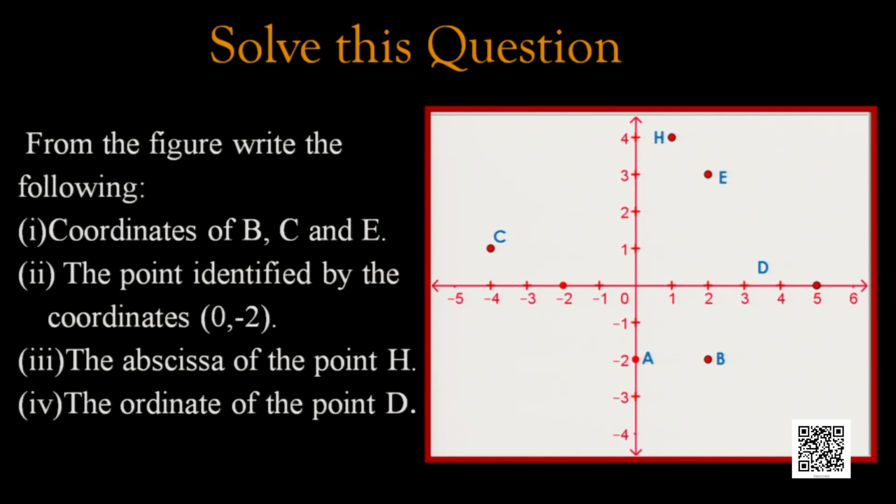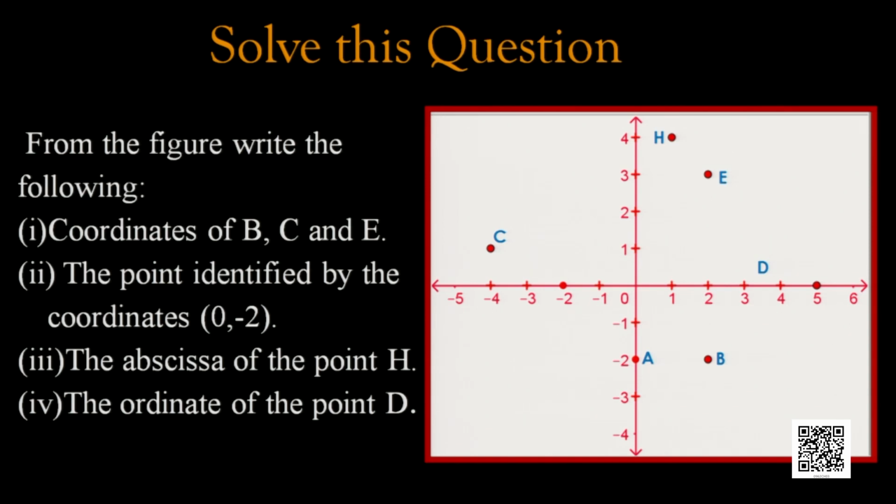Number 2, the point identified by the coordinates (0, -2). Number 3, the abscissa of the point H. And number 4, the ordinate of the point D. So these are the 4 questions here.